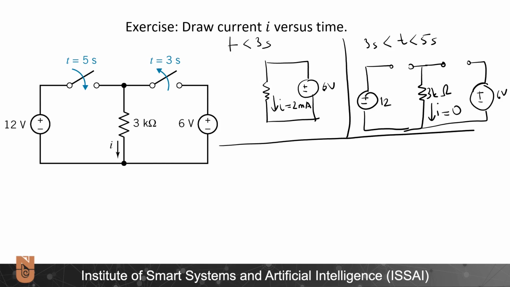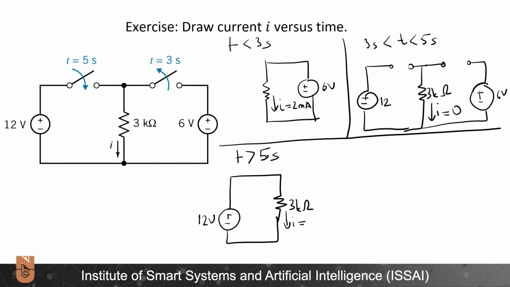Let's look at the third condition. Third condition is when we have t is greater than 5 seconds. When t is greater than 5 seconds, the left side of the circuit is closed. We have here 3 kilo ohms, current I passing through that, and here I have my 12 volt source.